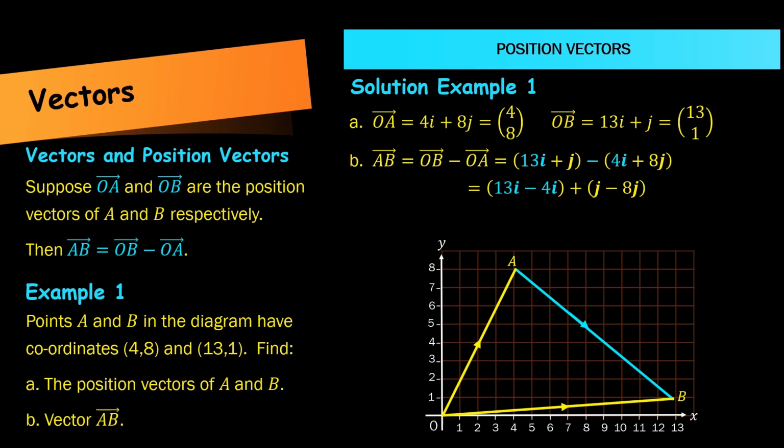And so collecting together the i terms gives us 13i minus 4i, plus j minus 8j, which equals 9i minus 7j.